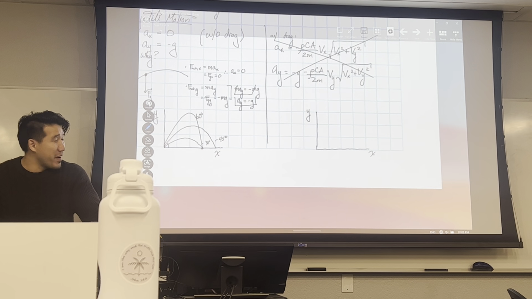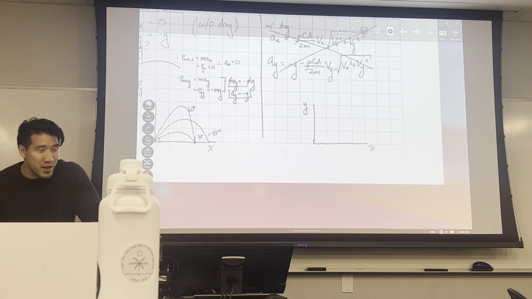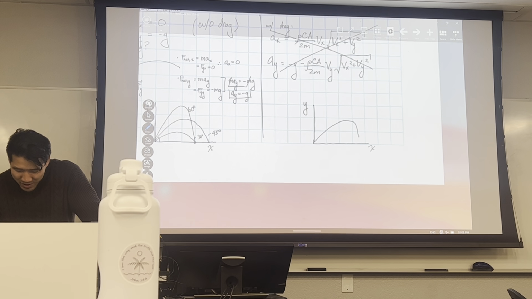So it is not at 45 degrees, because of how drag affects it: the longer you're in the air, the more drag will have an impact. So the trajectory is no longer parabolic. It's going to look kind of like a trajectory that you would imagine a frisbee to have. It starts off kind of parabolic, but then it gets truncated because drag takes over. So it looks like this.